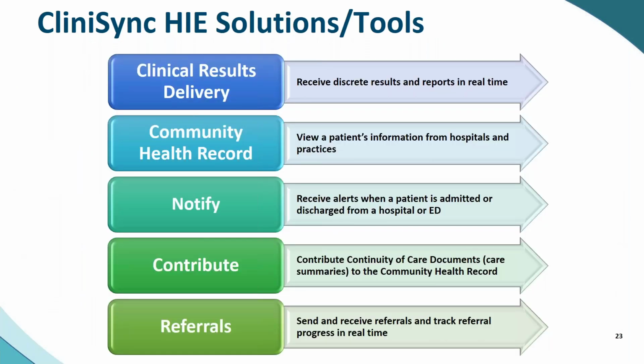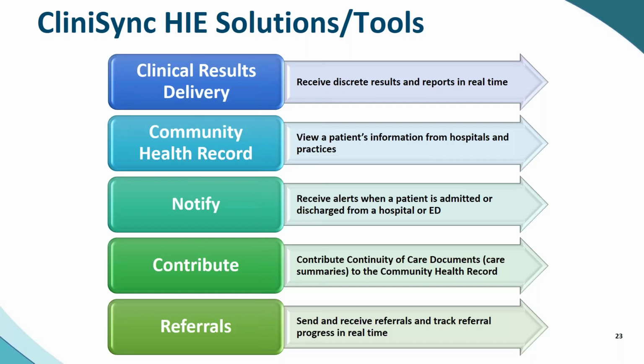Let's talk a little bit about the solutions, the tools that are available. The first thing we did was clinical results delivery. Delivering those A1C results, the lipid panels, all of the lab, RAD, path, micro results, and even transcribed documents from hospitals, from Quest, from LabCorp, out to those providers within the community.